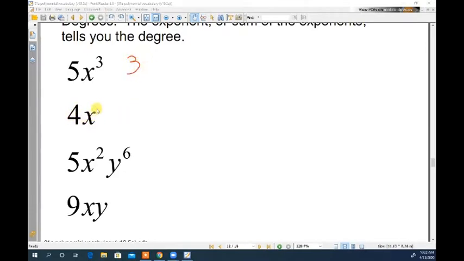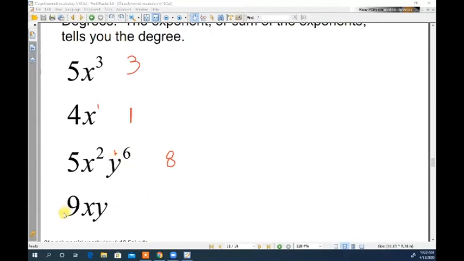This 4x to the first, well, this is a first degree. So what do you think the degree of this one is? Is it a second degree? Is it a sixth degree? Correct answer is it's an eighth degree. And how did I get that? Well, I added up the two exponents.